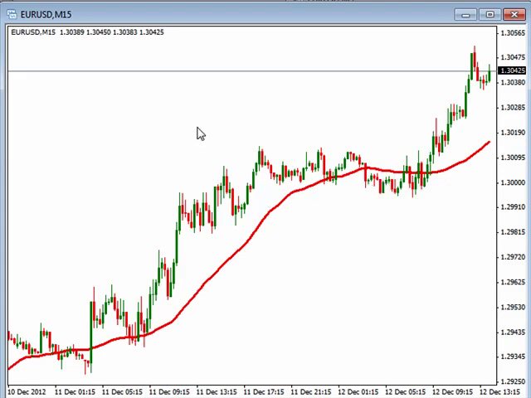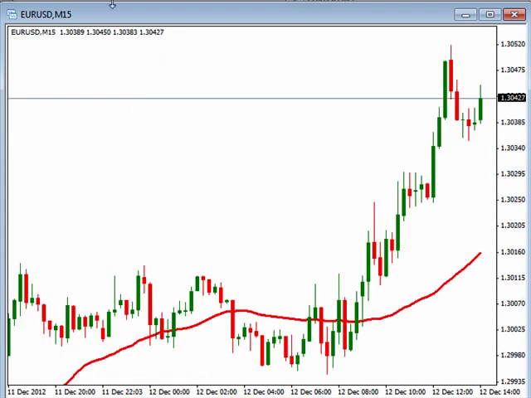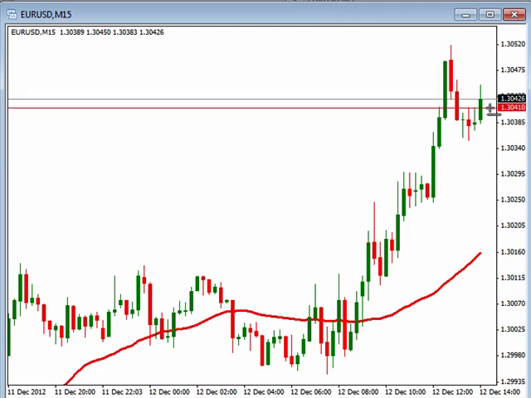But what we're looking for with the simple trading method are opportunities to trade in the direction of the trend after the market pulls back to some type of a support area. So here's an example of something that we would consider an entry point.